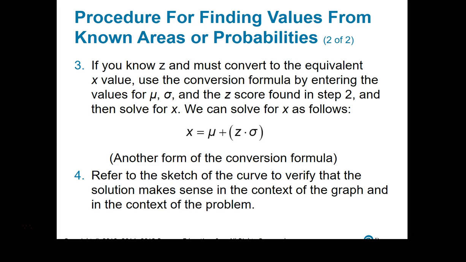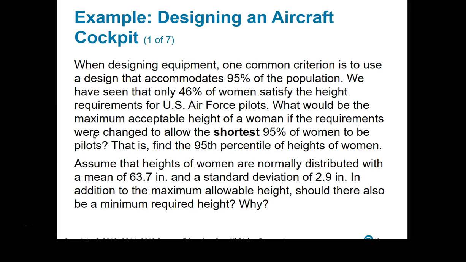But if you can't, then we can do it with just the z-scores as well. The way you do that is you figure out what your z-score would need to be based on your probabilities, and then you calculate what that x would need to be based upon that z-score. You use this formula right here: x is equal to mu plus z sigma. And that's just a different form of the conversion formula.